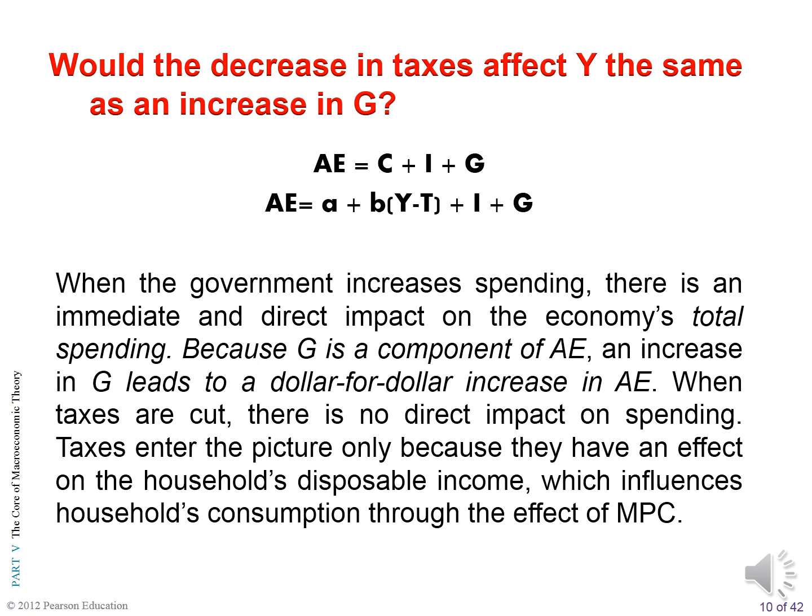Taxes enter the picture only because they have an effect on the household disposable income, which affects household consumption through the effect of marginal propensity to consume اللي هي أقل من الإيه؟ من 1. معايا؟ يبقى الضريبة تقل بالدولار الأجريجيت اكسبنديتشر يزيد بأقل من $، اللي هو إيه؟ اللي هو ال value of marginal propensity to consume. يعني مثلا 0.8 لو هي 0.8 or 0.75 لو هي 0.75. معايا؟ يبقى while government spending has a direct effect on aggregate expenditure, taxes has indirect effect on aggregate expenditure through the effect of marginal propensity to consume.